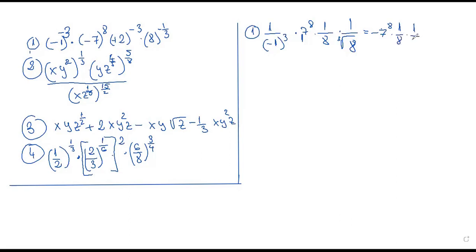Times 1 over 2. So it's minus 7 to the 8 over 2 to the 4. And that will be the final answer. Okay, yep. I understand. That makes sense.